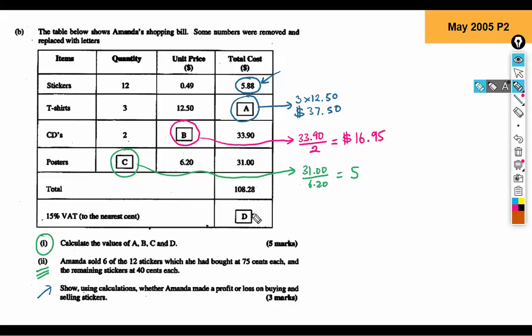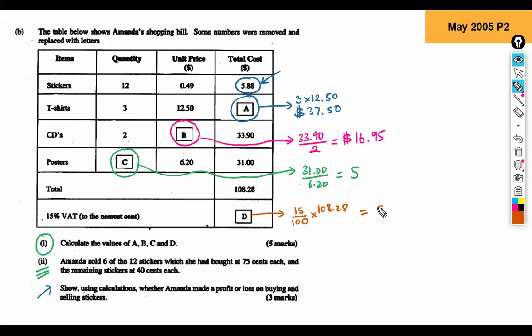I forgot to work out the VAT. The VAT is just 15%. So it's 15 over 100 multiplied by the total she paid. So how much VAT? 0.15. Now you're going to have to round off here.